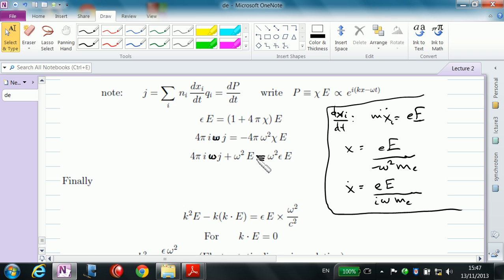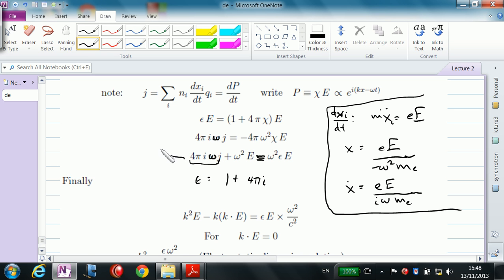In other words, epsilon is equal to 1 plus 4 pi i, just a second.